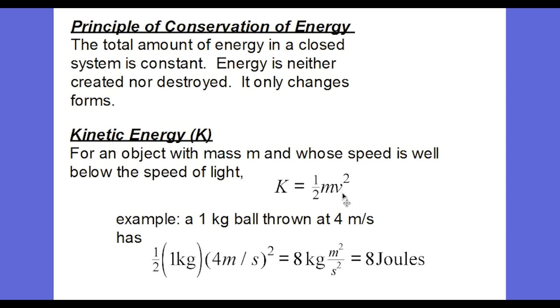So for example, if I throw a ball that has a mass of 1 kilogram and it's traveling 4 meters per second, 1/2 times the mass times the velocity squared gives me 8 joules. Joules is the units that we use for energy, and it is the name we give to the unit of kilogram meter squared per second squared.